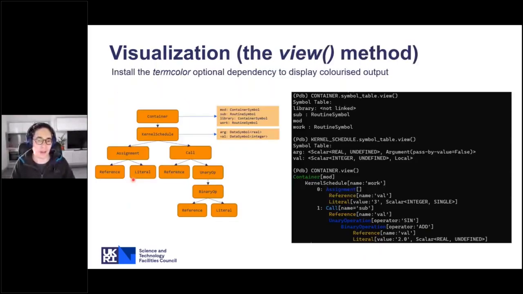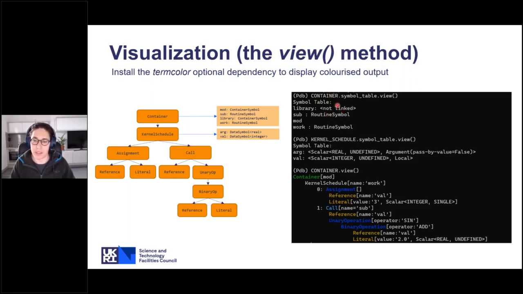So maybe the most important thing that our API for our AST provides is a view method. This will help a lot to see what's the current state of parsed code or a modification that we just did in the code. And it's a very simple thing, which is that every node and every symbol table in the PSyIR will have this .view method that will produce a textual representation of what's going on.